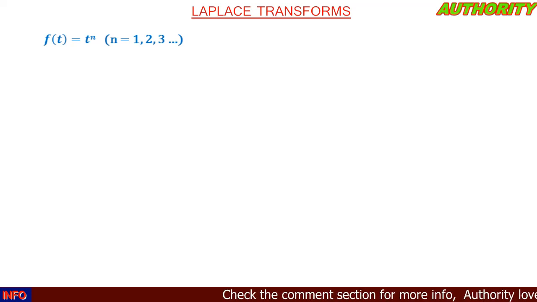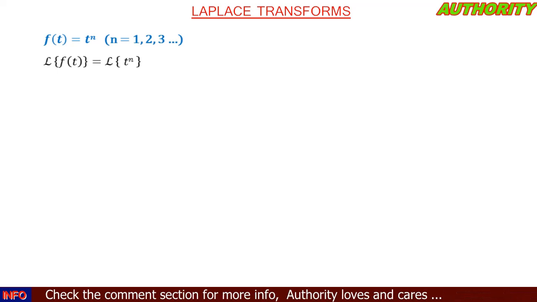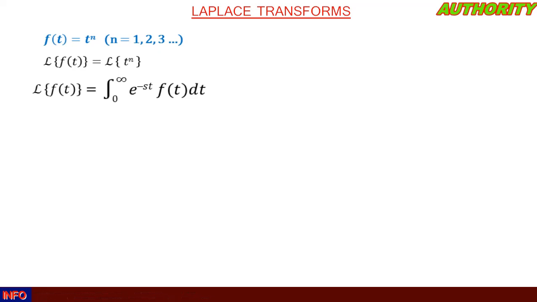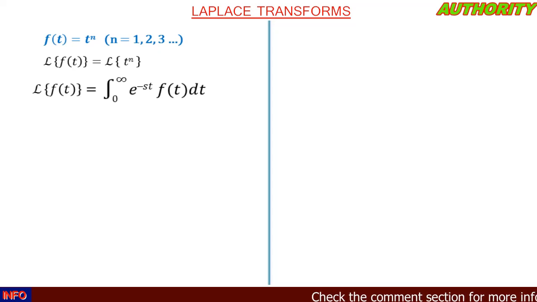Now let's go. Our function is t raised to power n. When we say the Laplace transform of f of t, we are saying the Laplace transform of t raised to power n. Going with the definition, you will recall that the Laplace transform of f of t is equal to the integral from 0 to infinity e raised to the power of minus st f of t dt.